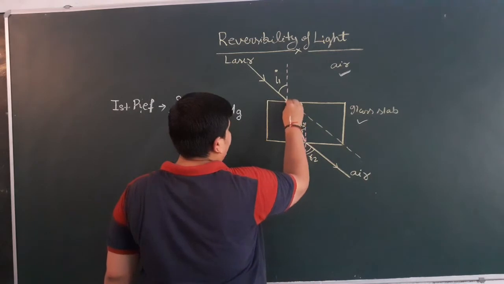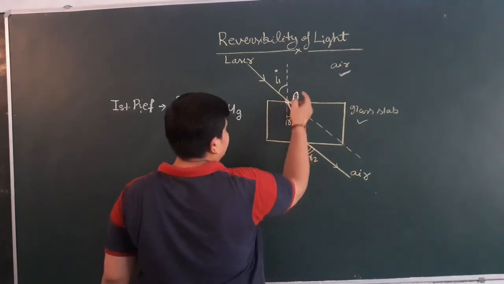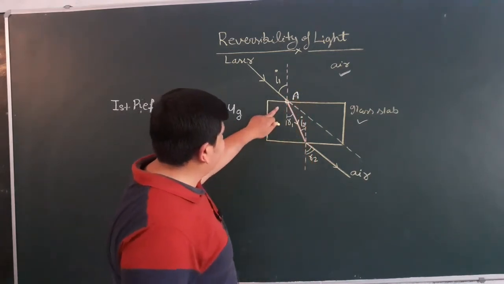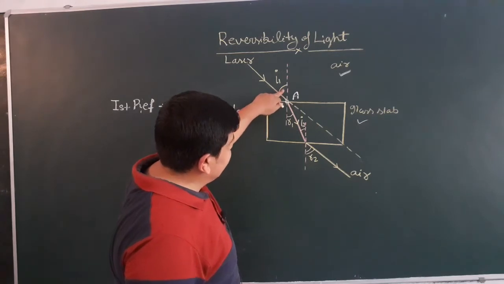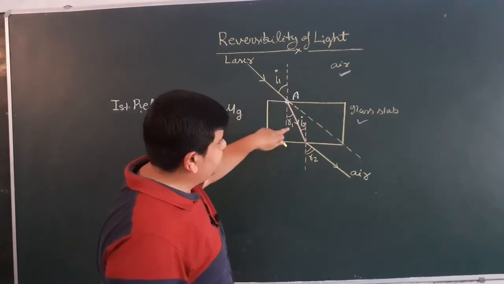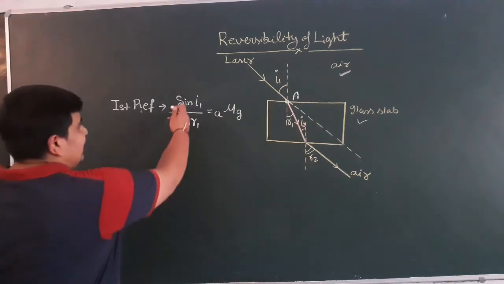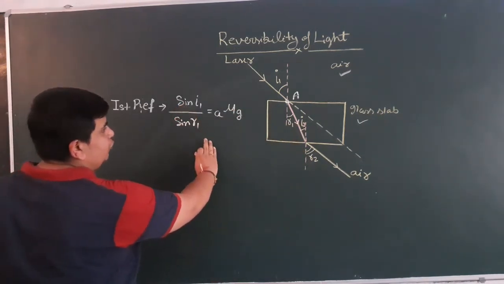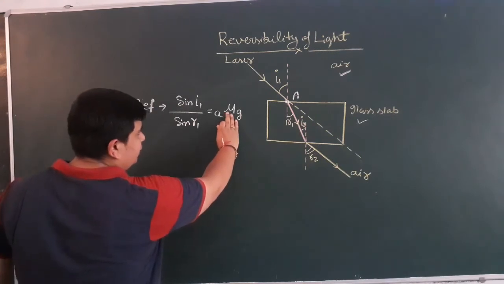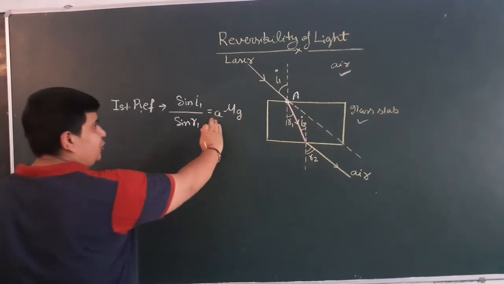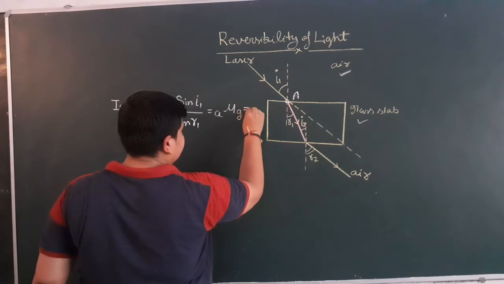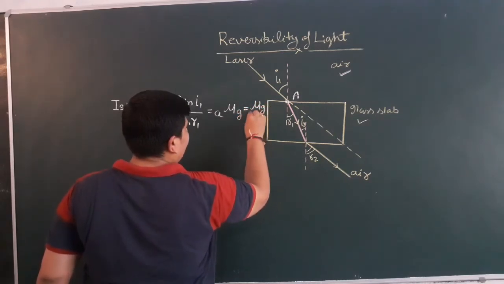At point A the light will suffer refraction, the incident angle is I1 and the refractive angle is R1. So according to Snell's law, sin I1 upon sin R1 must be equal to the refractive index of glass with respect to air, that is mu G over mu A.